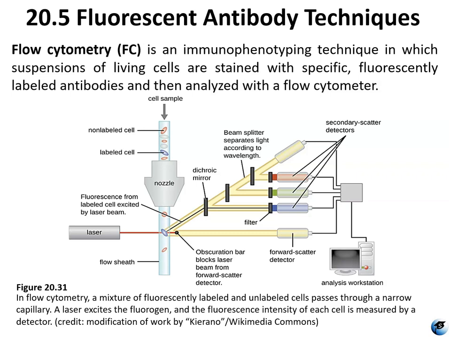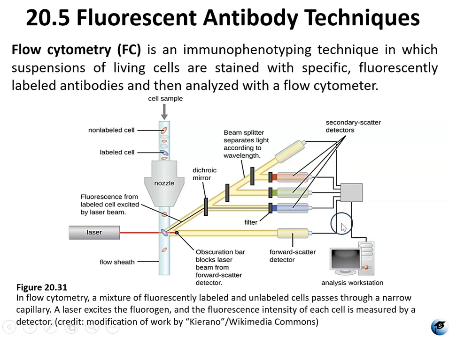The flow cytometer takes the mixture of the differently labeled fluorescent antibodies that are now attaching to antigens in the patient's serum, and it passes it through these really narrow capillaries. And then they kind of separate out based on which antigen is present, i.e. which antigen the fluorescent antibody is added to.